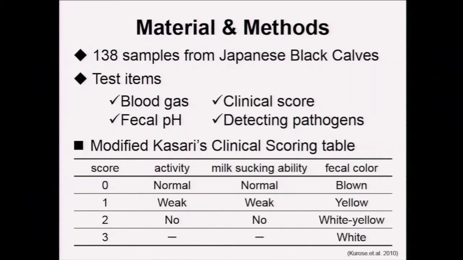Test items were blood gas, fecal pH, and clinical score, which were performed cow-side immediately, and pathogens were detected using real-time polymerase chain reaction analysis. The modified Kasares clinical score was performed, and based on this table, there are 3 clinical factors: activity, milk sucking ability, and fecal color.